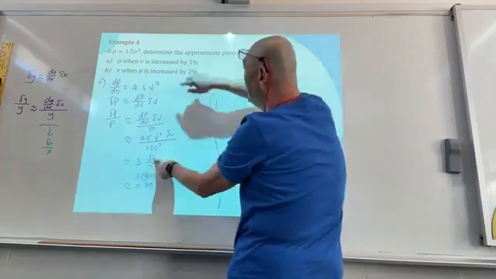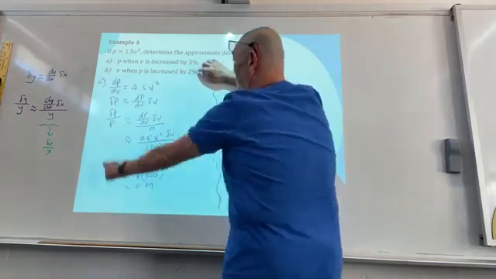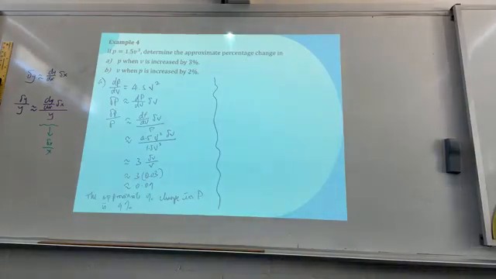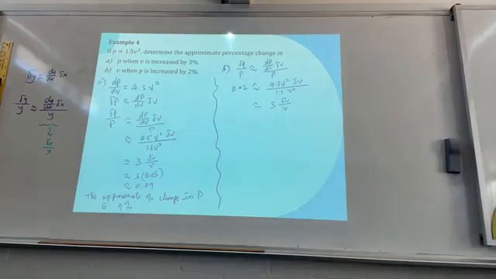So in this case, P is increased by 2%. Can we therefore work out delta V over V? I rewrote it again this time, 0.02. So it's approximately 0.0067, which is 0.67%.